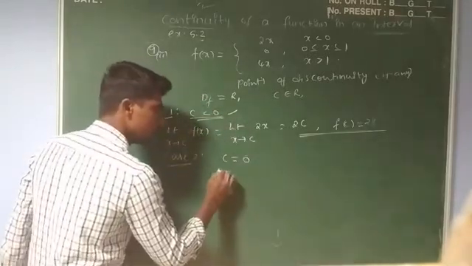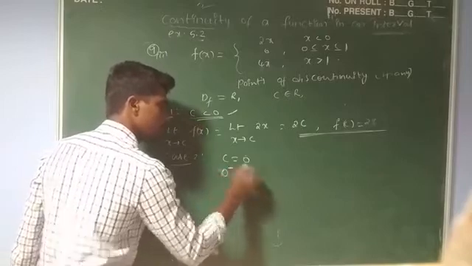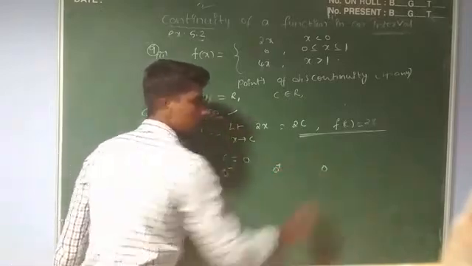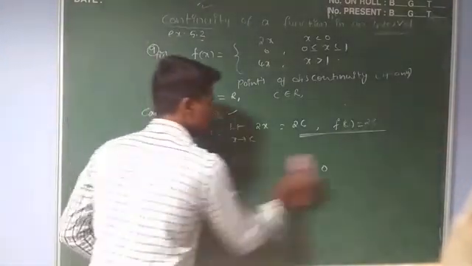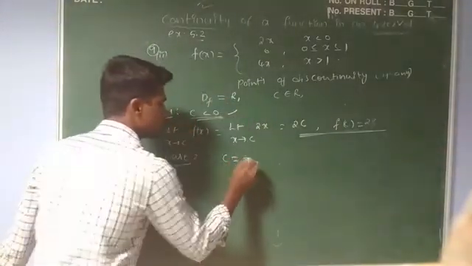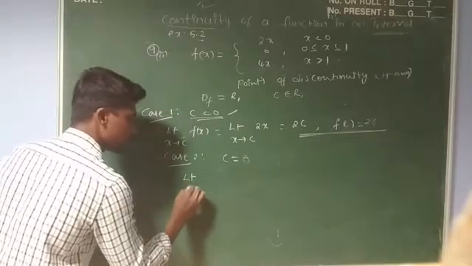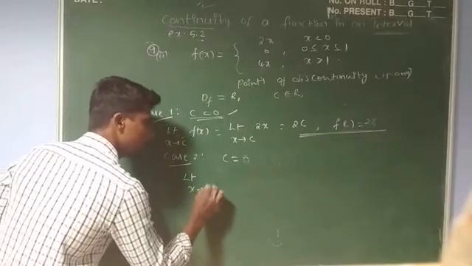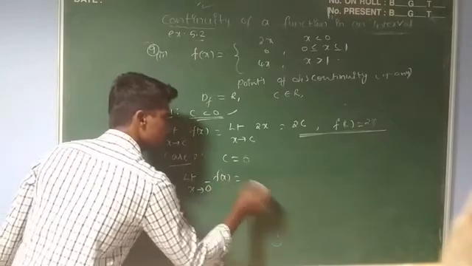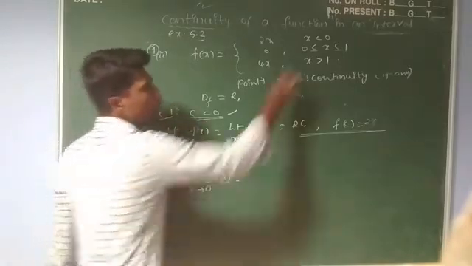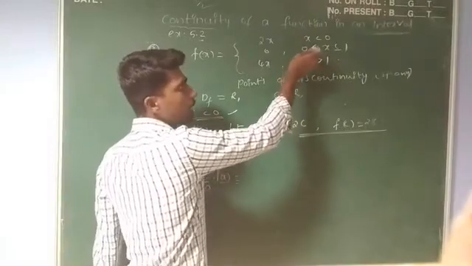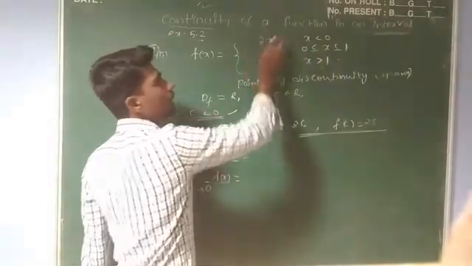That is 0 minus, 0 plus, and exactly at 0. So if I take 0 minus, then what is my function? Limit as x tends to 0 minus of f(x). What is the limit as x tends to 0 minus of f(x)? For 0 minus, which is slightly less than 0, the function is defined as 2x.